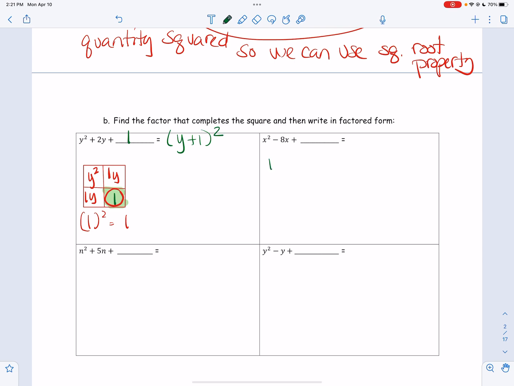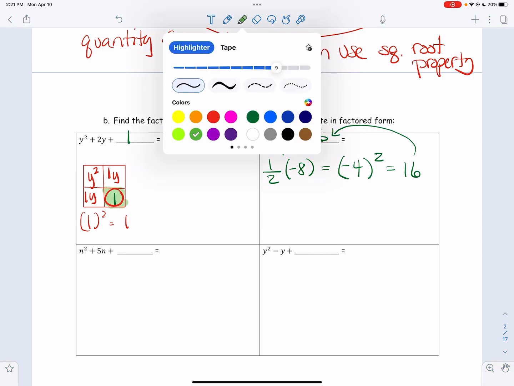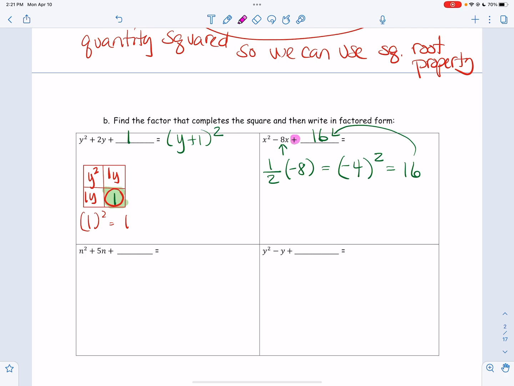Again, we take half of this term right here, -8, and that's -4. We put that in parentheses, we square it, and that number goes right here. And notice that it is always going to be a plus, because if you square a positive number, you get positive. If you square a negative number, you get positive.